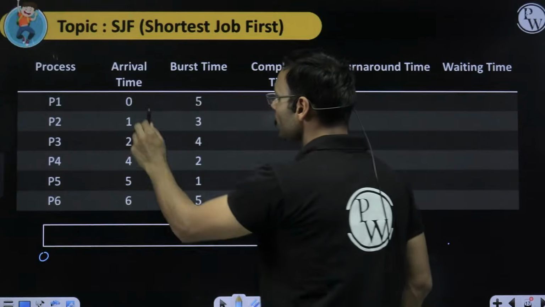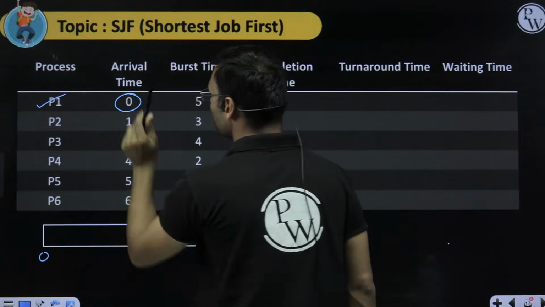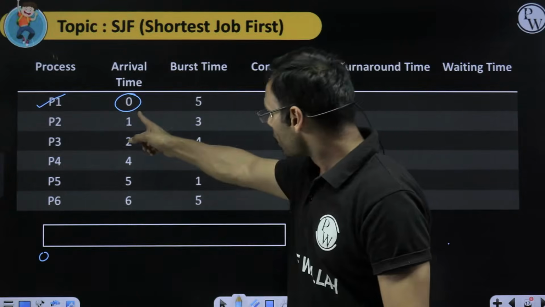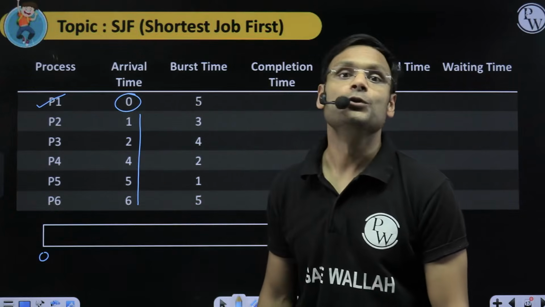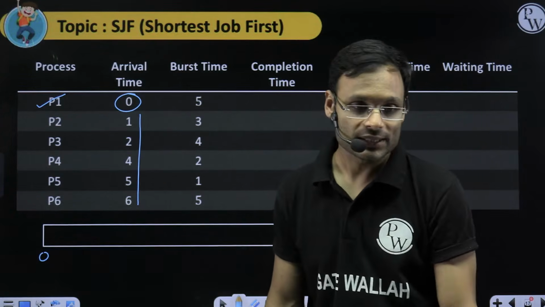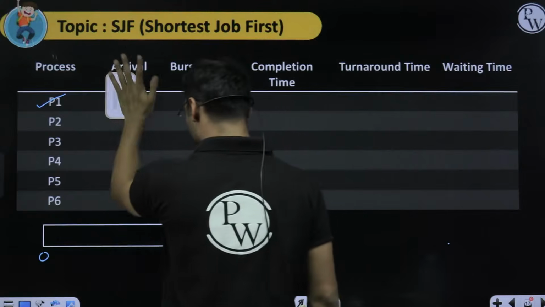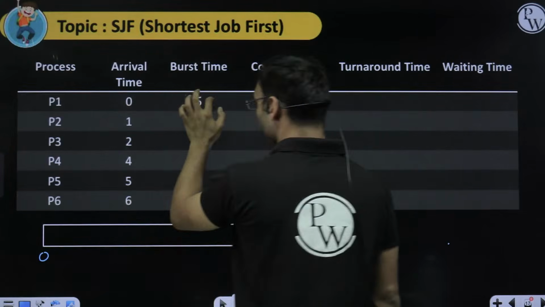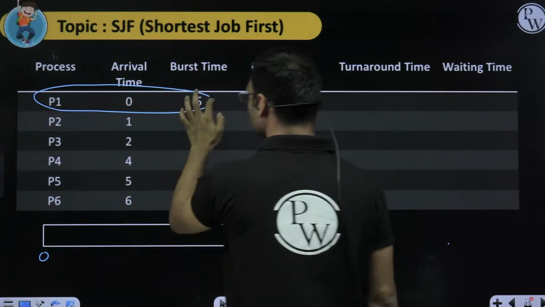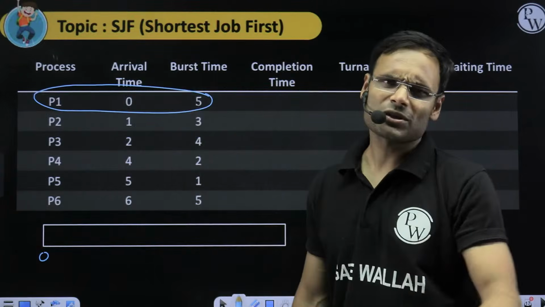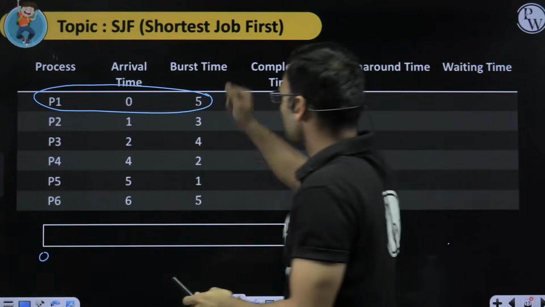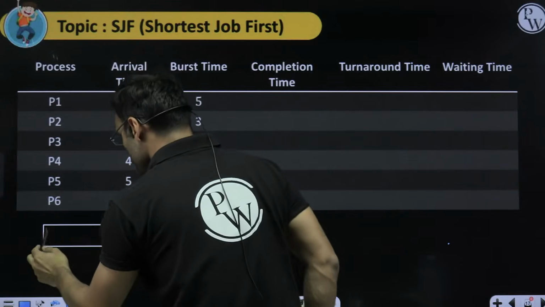At time 0, there is only one process P1 arrived. All other processes will arrive in future. You cannot schedule future processes. You need to schedule the current process. Only a single process is available. I don't have any choice. I'll have to schedule this P1 process first.